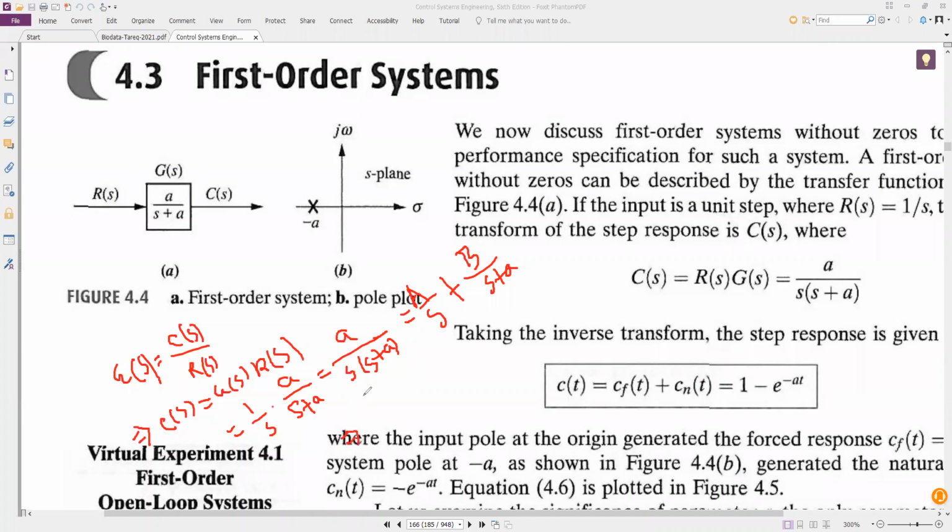Now multiply by S into S plus A. Then A is equal to A into S plus A plus B into S. Now put S is equal to minus a, then what would happen?